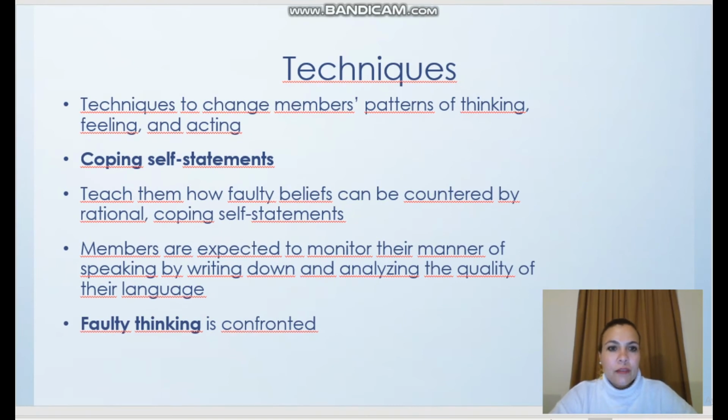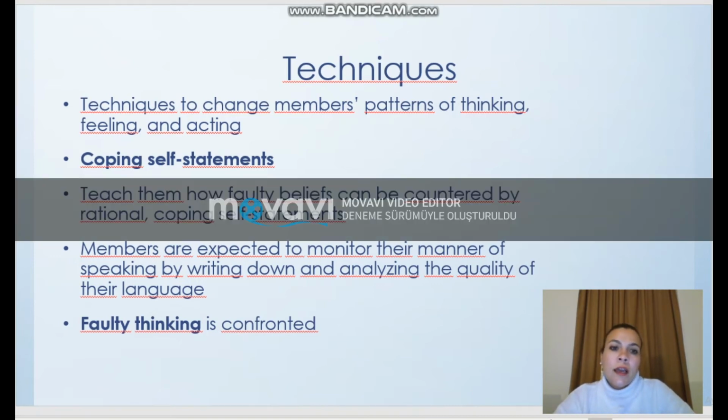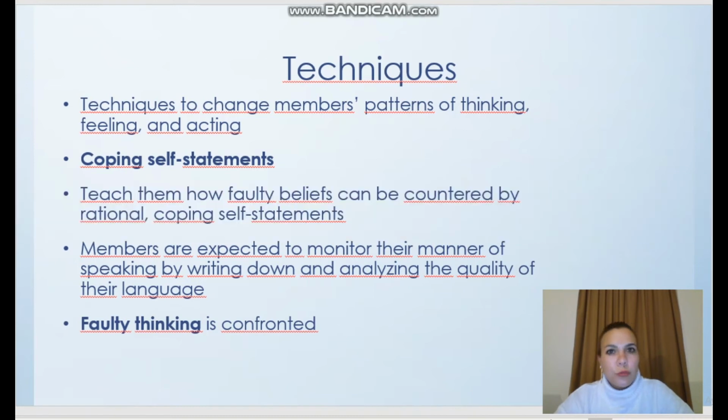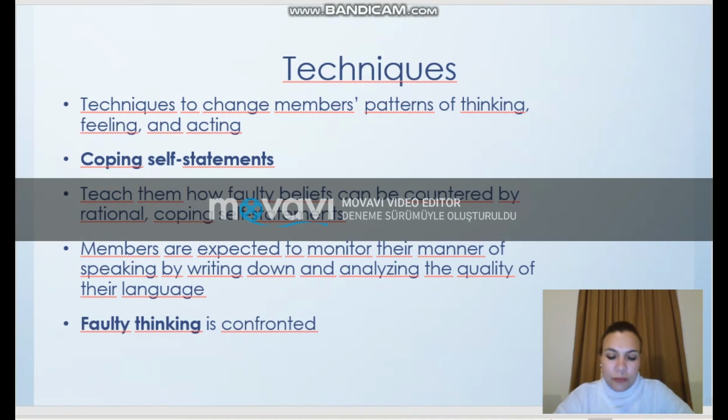Okay, there are some techniques to change members' patterns of thinking, feeling, and acting. And here you can teach them how faulty beliefs can be countered by rational coping self-statements. Members are expected to monitor their manner of speaking by writing down and analyzing the quality of their language.